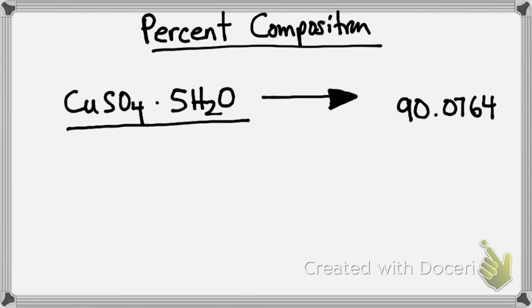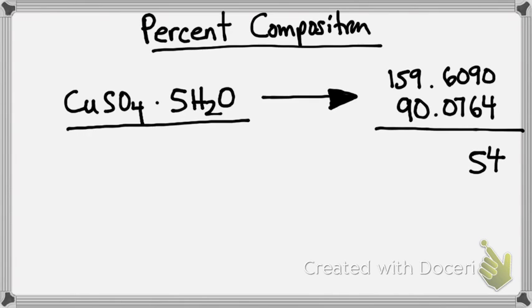And the copper sulfate portion is 159.609, again grams per mole. So we get a molar mass of 249.6854.